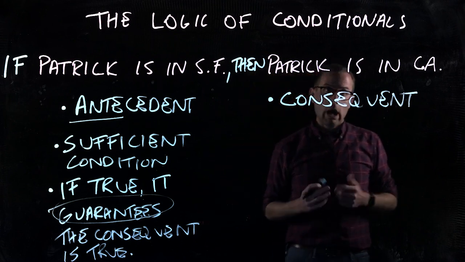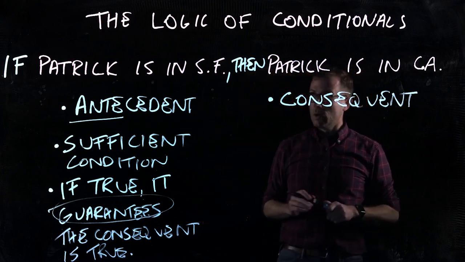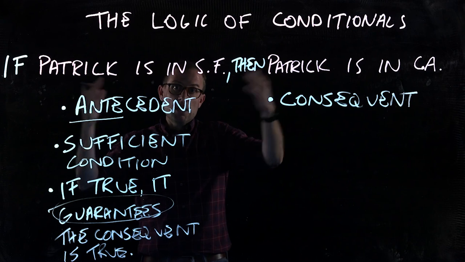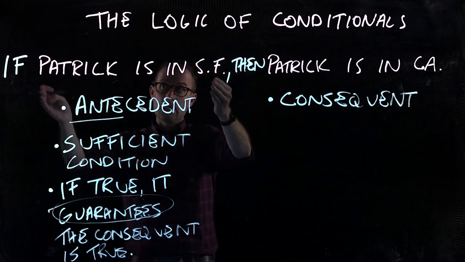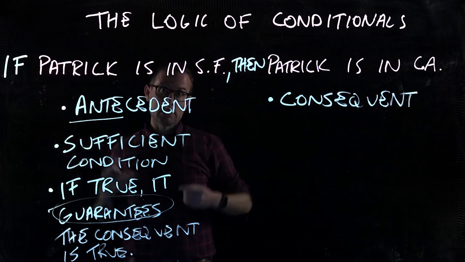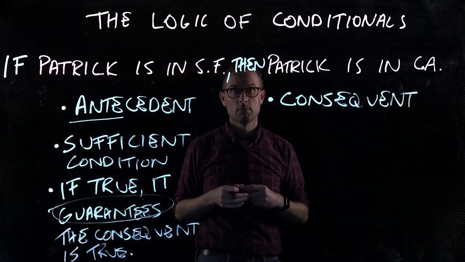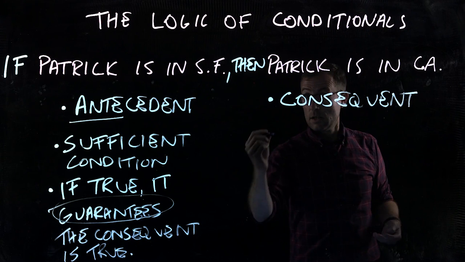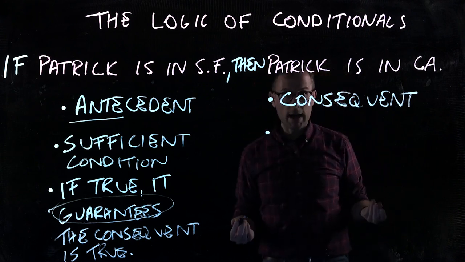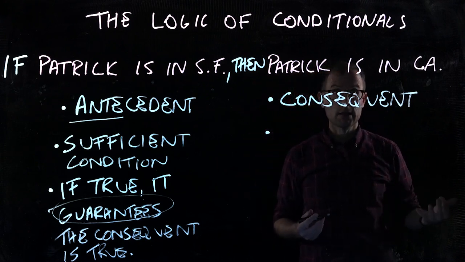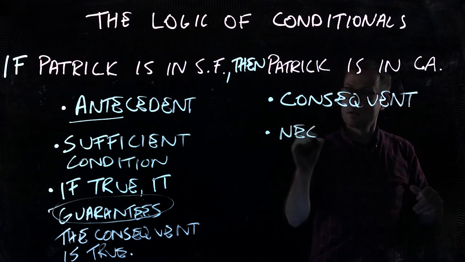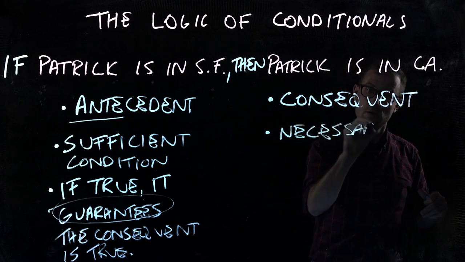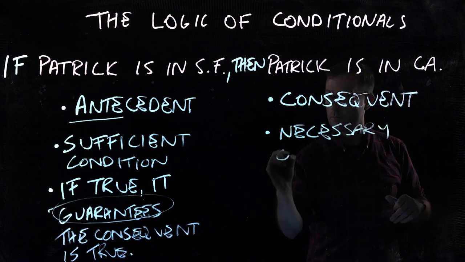Now, why does it guarantee it? Well, again, conditions are being expressed here. So we know that if someone were to say Patrick is in San Francisco, he has to be in California. So that allows us to say there is something that is necessarily the case. This is why we call the consequent the necessary condition in a conditional claim.